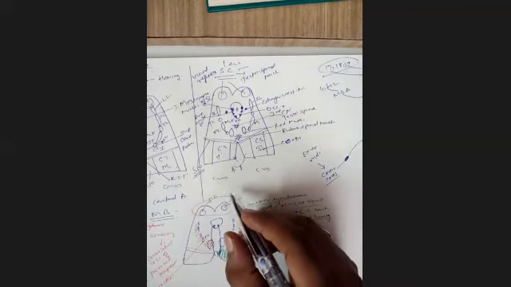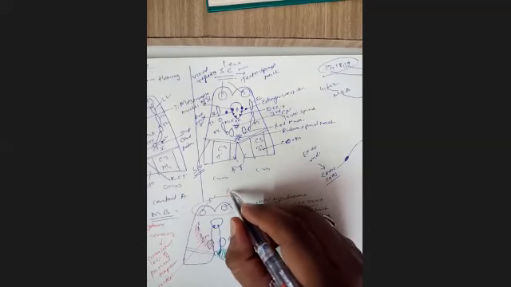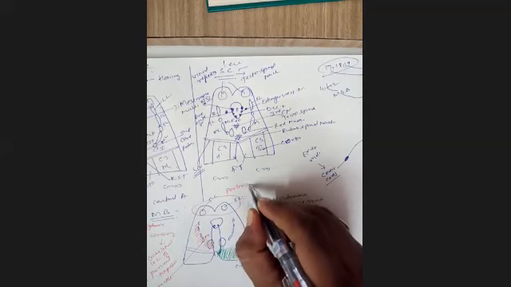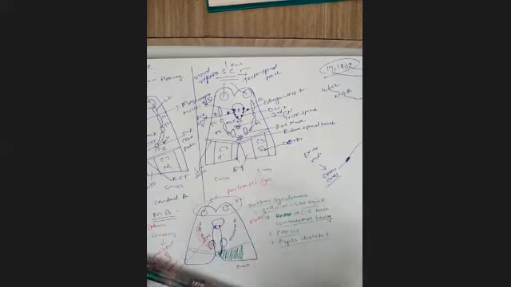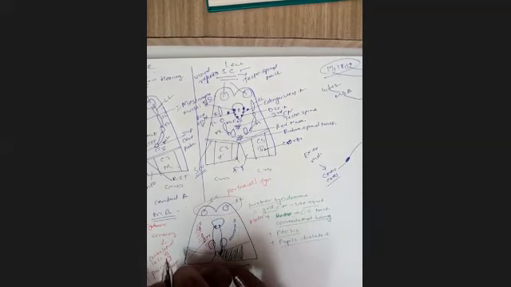And sometimes there is a syndrome called Parinaud syndrome. And in this Parinaud syndrome, the superior colliculi are involved.